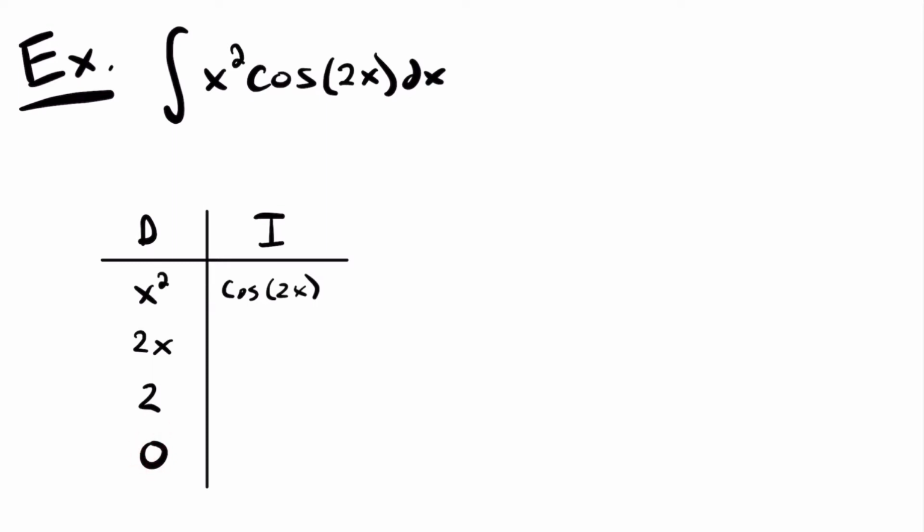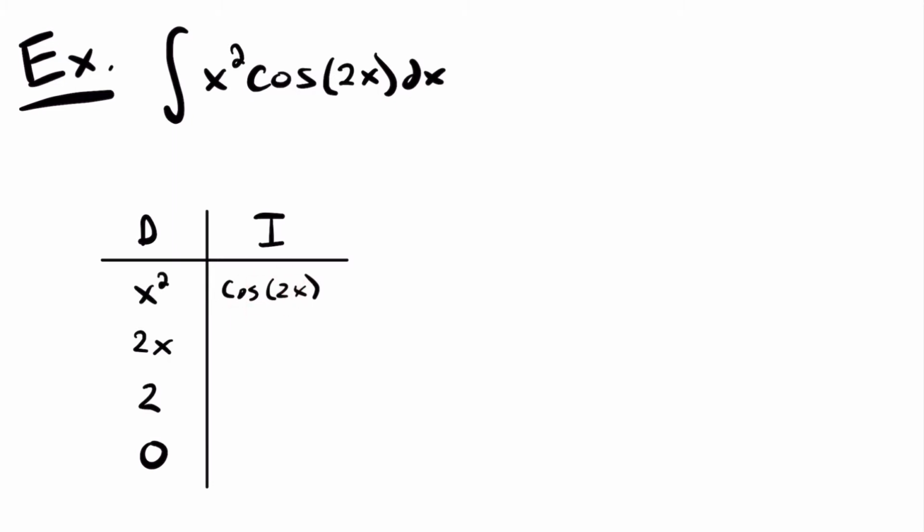And then let's work on filling out the integral column. So we're going to take the integral of cosine of 2x. And typically, in order to integrate a composite function like this, where we have 2x inside of a trig function, we would use u substitution.